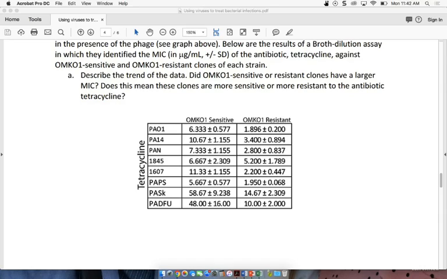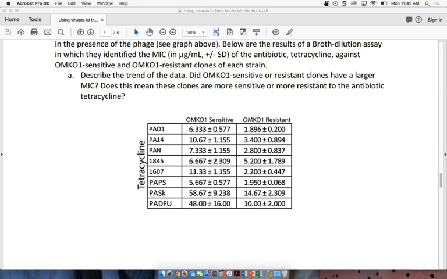Okay? The last thing to keep in mind, just to bring this back to the holistic idea real quick, is that these effects are driven by mutations. These effects are driven by mistakes in DNA polymerase during replication.